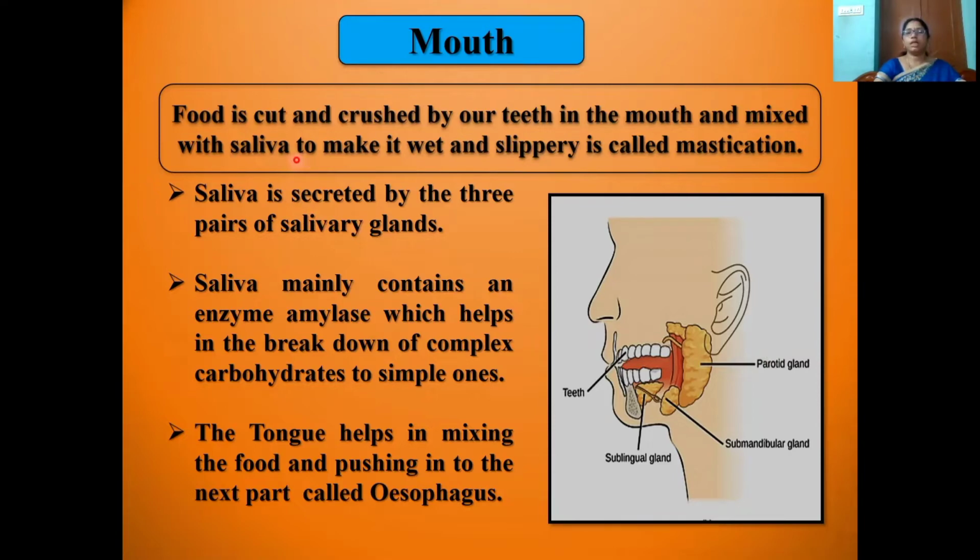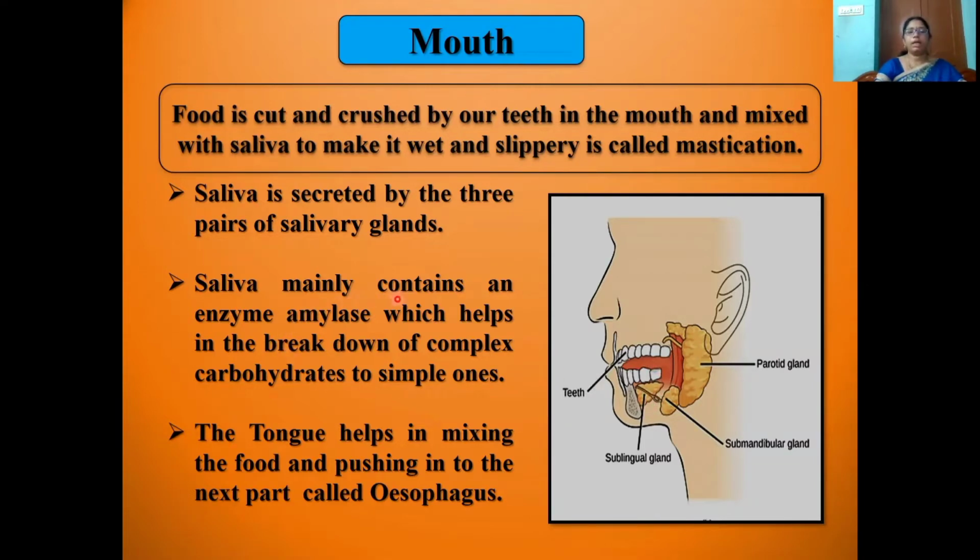Food is cut and crushed by our teeth in the mouth and mixed with saliva to make it wet and slippery, which is called mastication. Saliva is secreted by 3 pairs of salivary glands. 2 pairs are located at the side of the jaw and below the tongue. 1 pair is located in the palate.